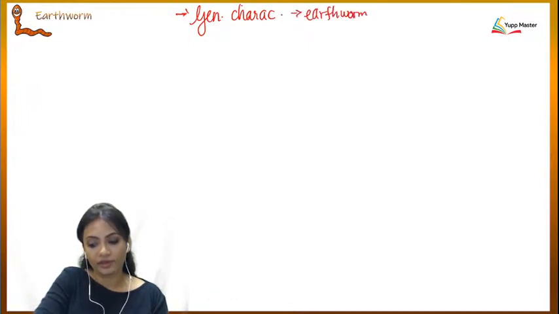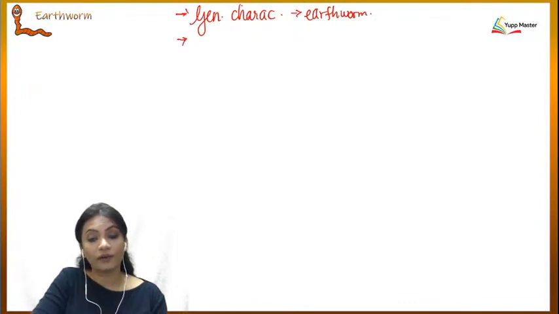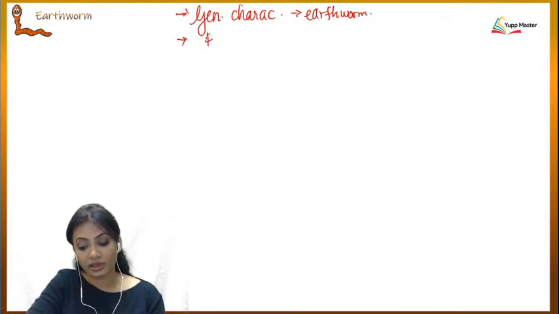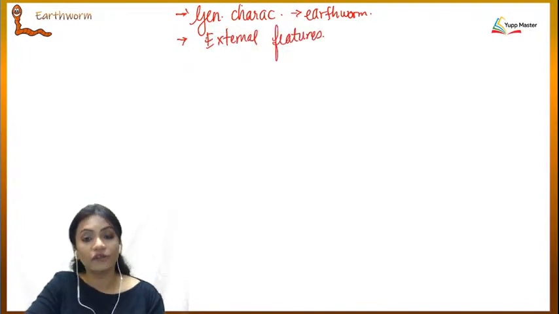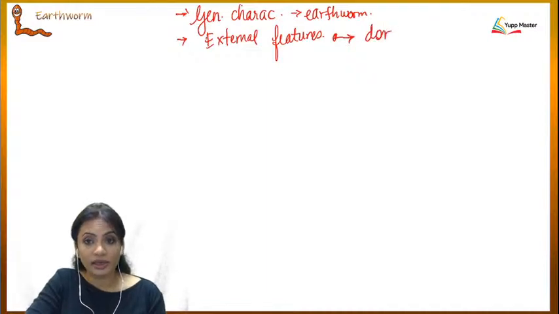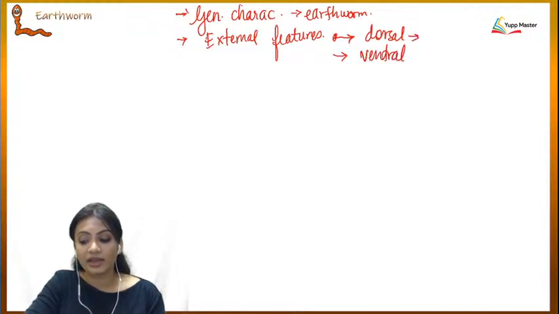We also talked about the external features of the earthworm, and we saw how to locate the dorsal side. Okay, we also saw how to locate the ventral side. Dorsal side had a blood vessel, and ventral side is the part which had the genital pores.